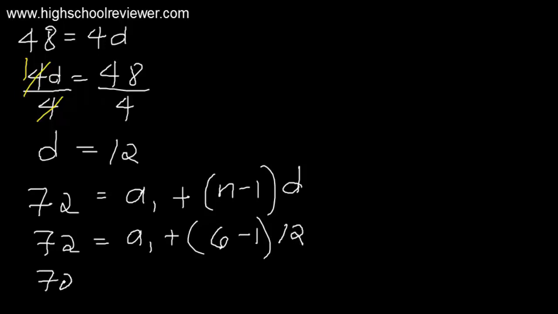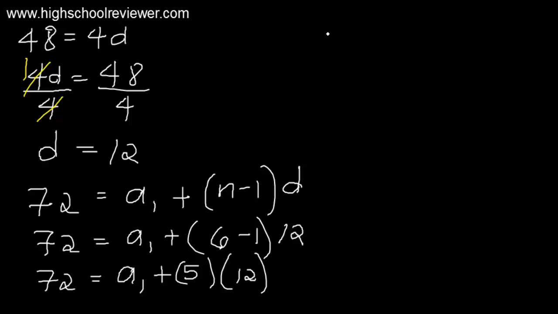So 72 is equal to a sub 1, 6 minus 1 is positive 5, so this will be plus 5 multiplied by 12.